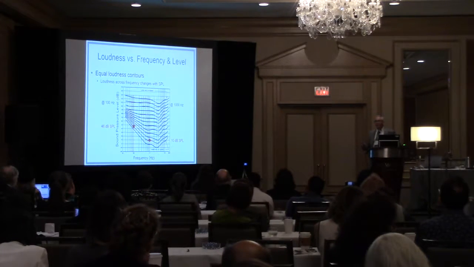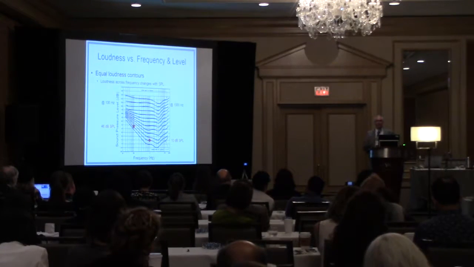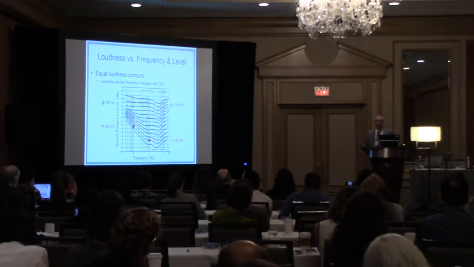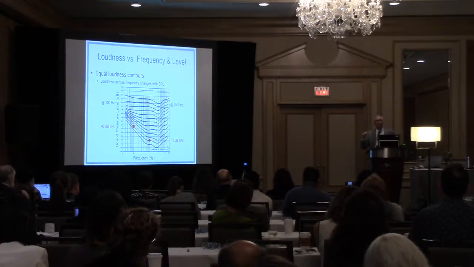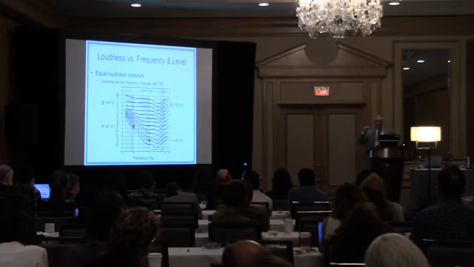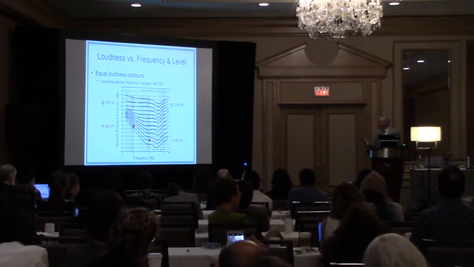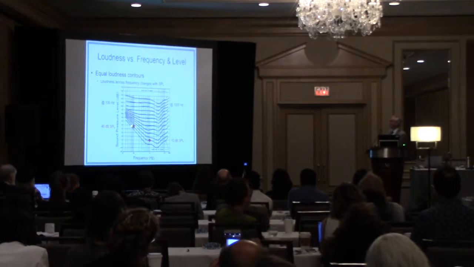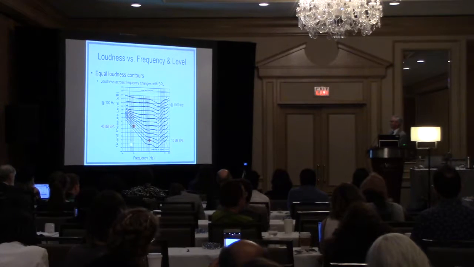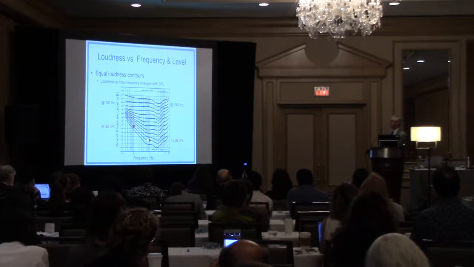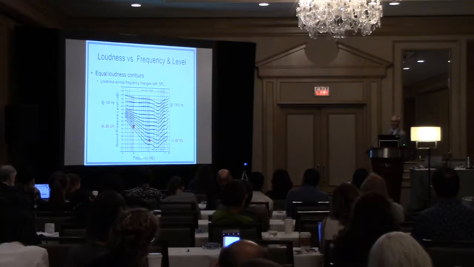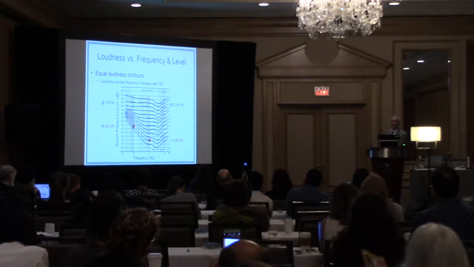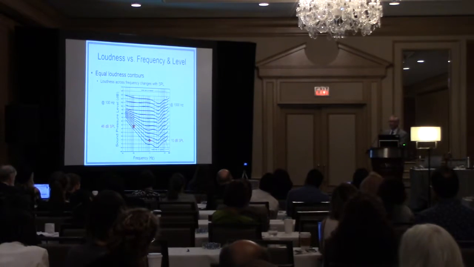What that is telling us off the bat is you can't equate sound pressure level to loudness. Sure, the higher the sound pressure level, it's likely to be louder than a lower sound pressure level. But in this case, 46 dB sound pressure level at 100 hertz is the same as 10 dB sound pressure level at 1,000 hertz. So sound pressure level is not equal to loudness.